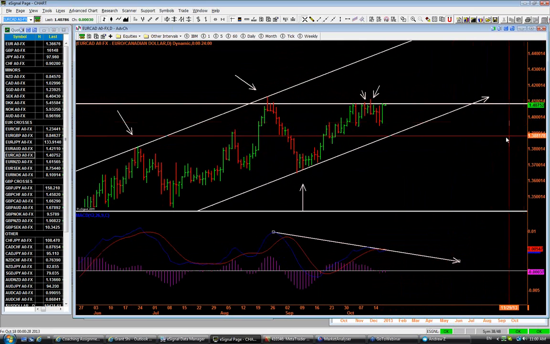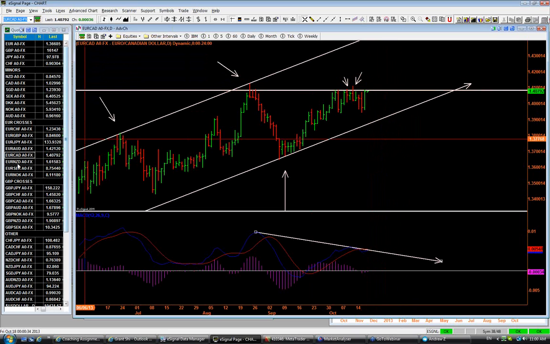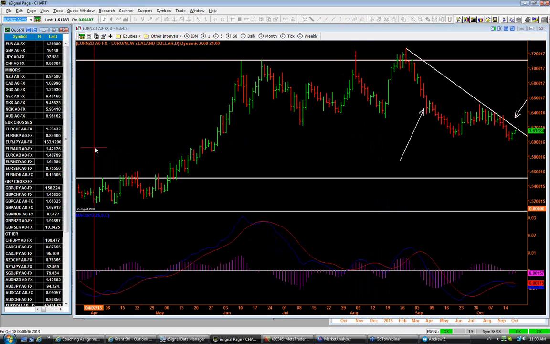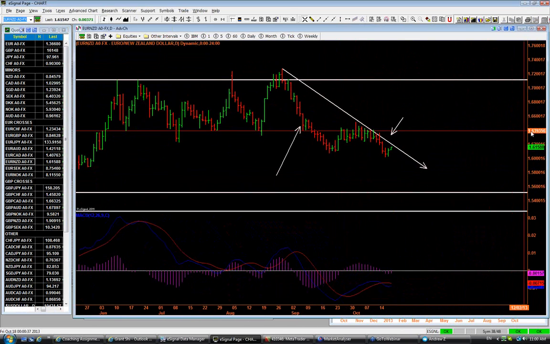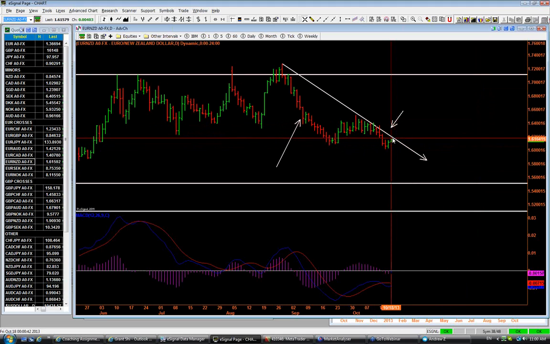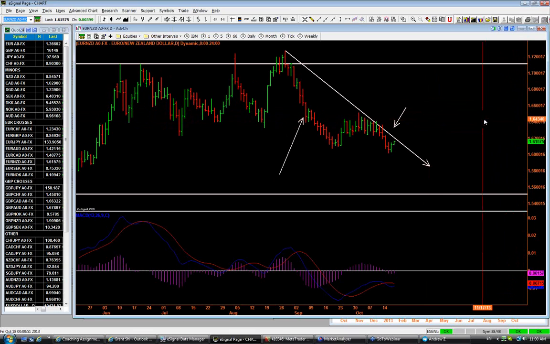So I'm looking for the reversal. It hasn't broken that resistance. I just wait for the reversal. Maybe watch this one. The price is close to the support. Wait for the right high. Remember, when you go for short, always wait for the right high.